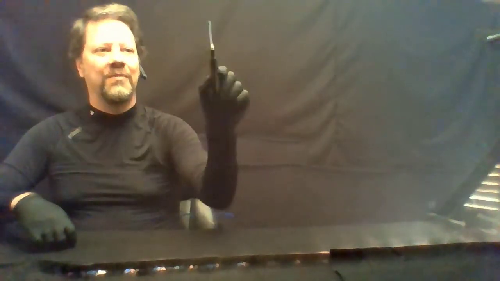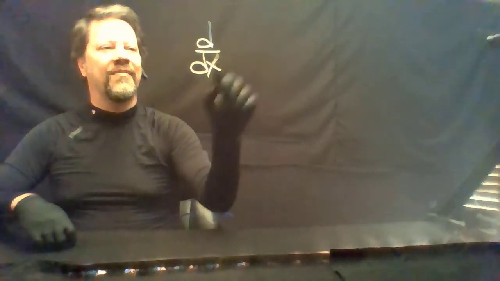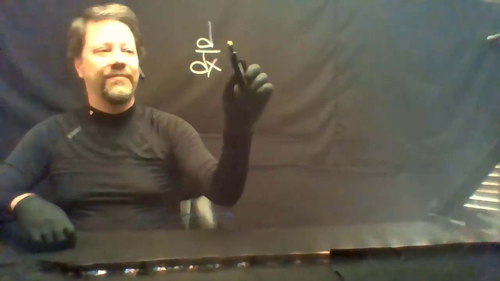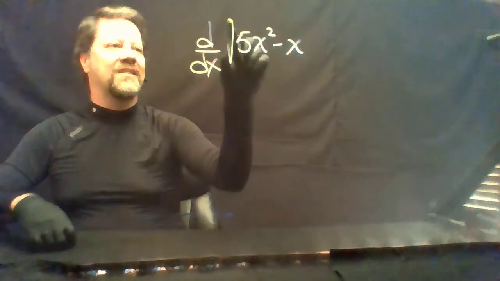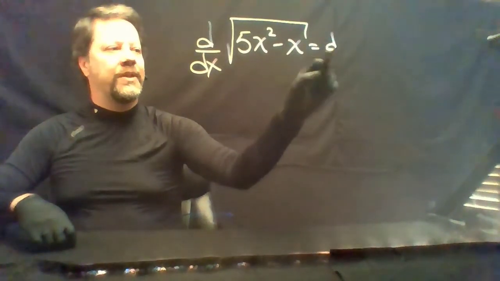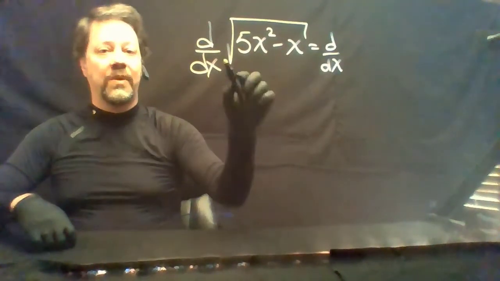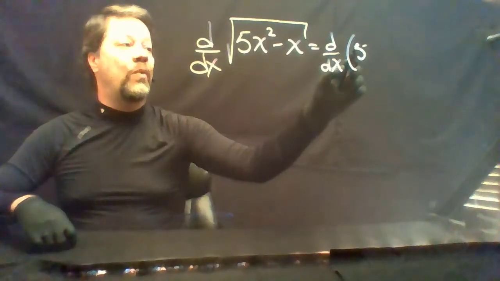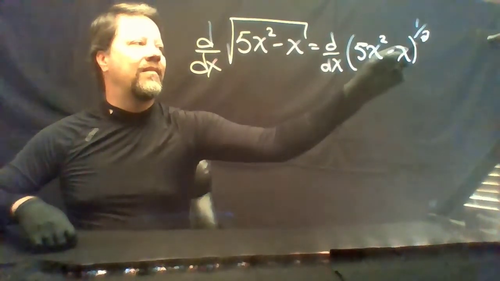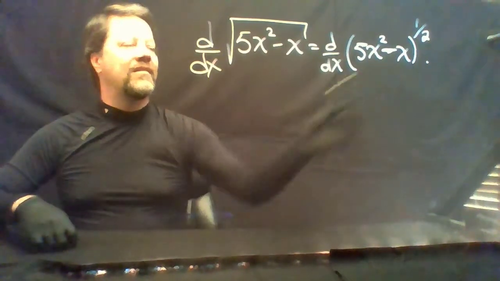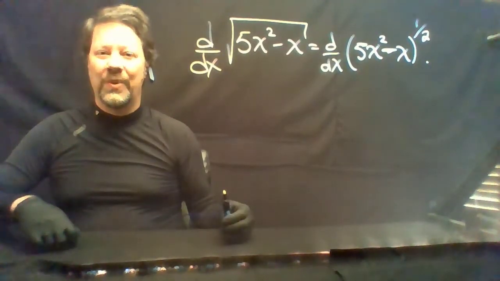On the next problem, we're calculating the derivative of the square root of 5x squared minus x, which we should certainly express the square root as a rational exponent. What are the rules?